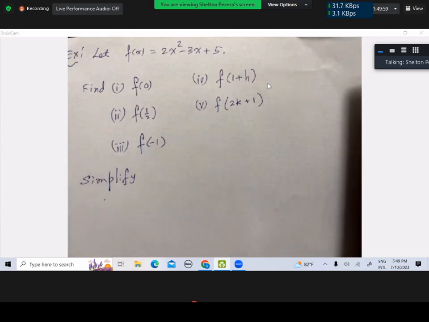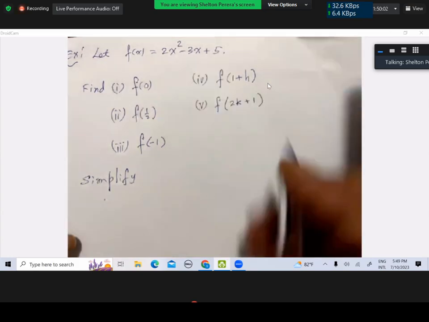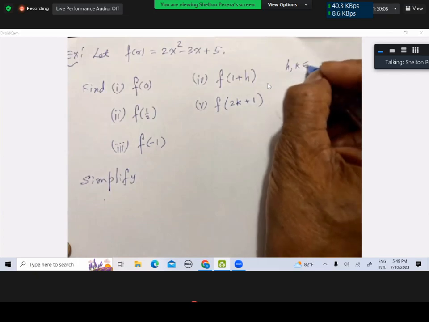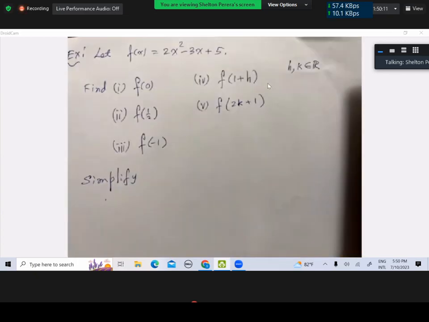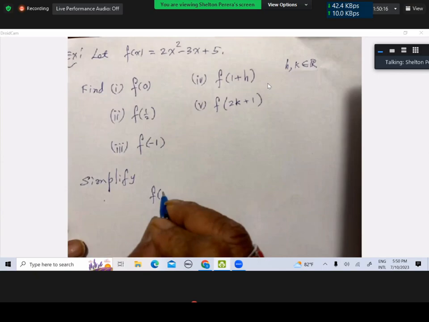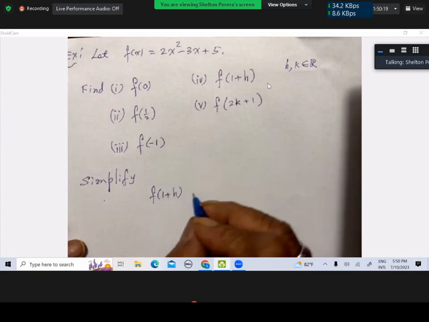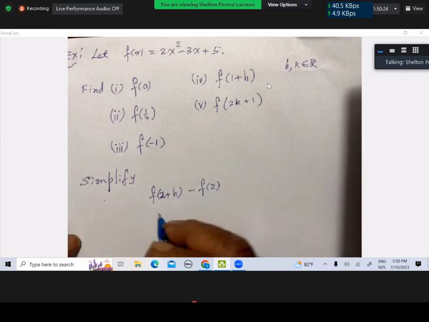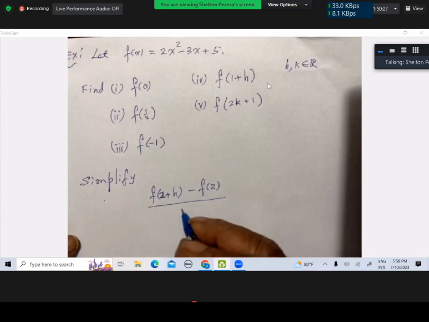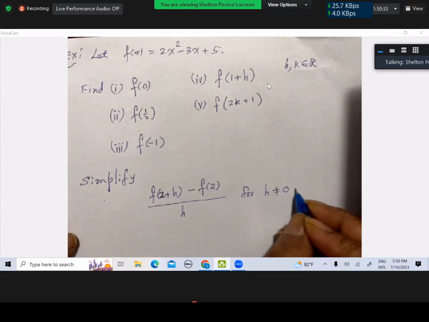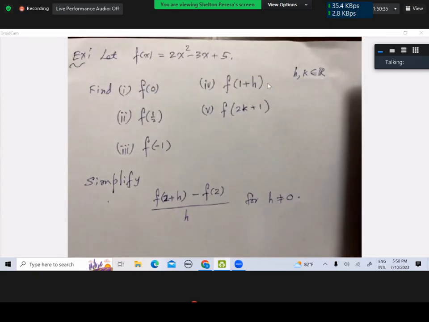Here h is a real number. K is also a real number. Find these 5 and finally simplify f of 1 plus h minus f of 2 plus h, minus f of 2, divided by h, for h not equal to 0.